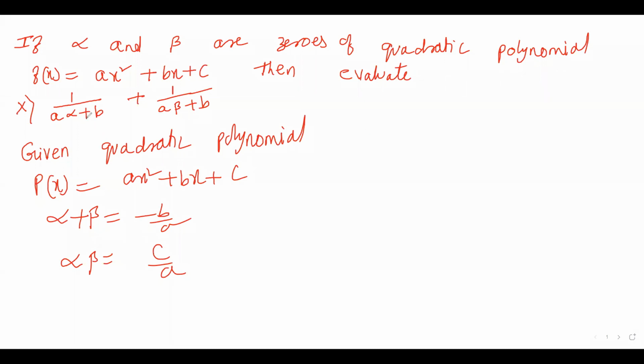In the next question, he is asking us to find 1 by a alpha plus b plus 1 by a beta plus b. Let's take the question: 1 by a alpha plus b, 1 by a beta plus b. So let us take LCM.